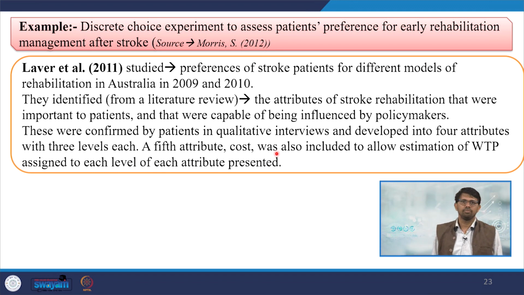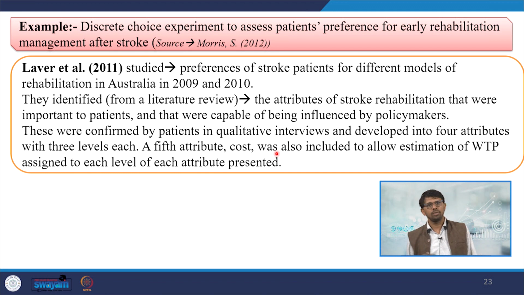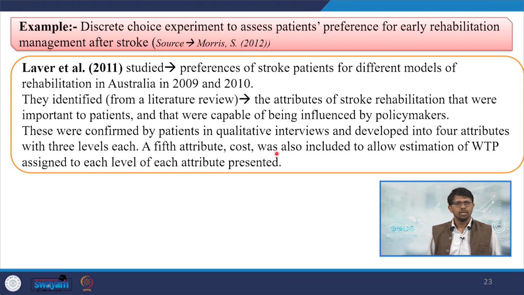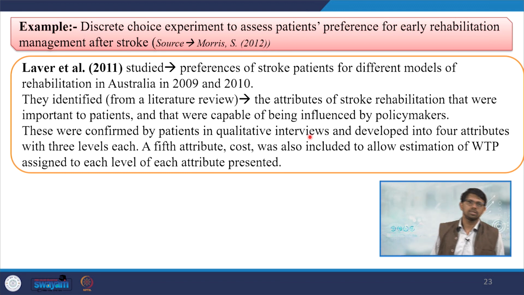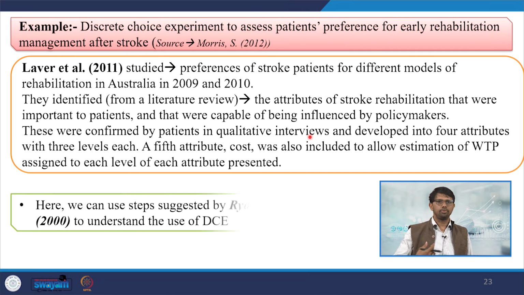They identified from their review of literature the attributes of stroke rehabilitation that were important to patients and capable of being influenced by policymakers. These were confirmed by patients in qualitative interviews and developed into 4 attributes with 3 labels each. A 5th attribute, the cost, was also included to allow estimation of willingness to pay for each label of each attribute presented.